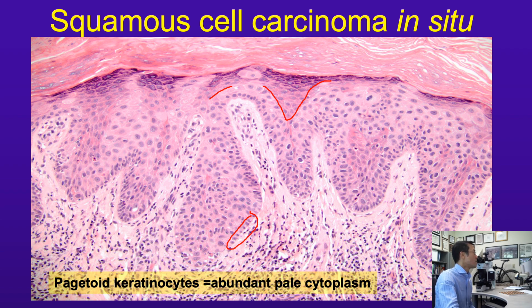Yet there are multiple foci in this view of the lesion where there's full thickness atypia. Moreover, there are skip areas, not only from side to side, but also from top to bottom. So in the not quite complete confluent expression of Bowen's disease, there can be skip areas like this, not uncommonly. And so we can't just go reflexively by whether it is full thickness or not. That's part of it, but it also depends on the pattern of the atypia in addition to cytologic features when you have them.